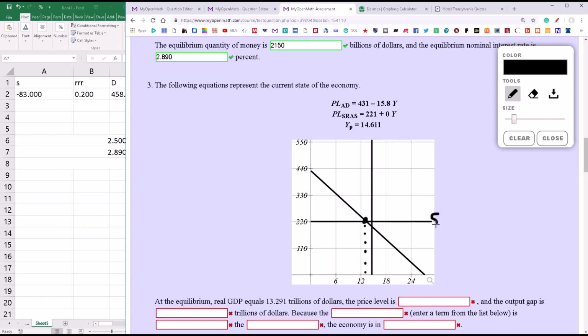This is our short-run aggregate supply curve, and it's perfectly elastic, which models the effect of sticky prices and wages. Our long-run aggregate supply curve is up here. It's the value of potential GDP. So this vertical line is at 14.611, and that's our aggregate demand right there. Demand for all final goods and services. And you can see that we're in a recessionary gap.